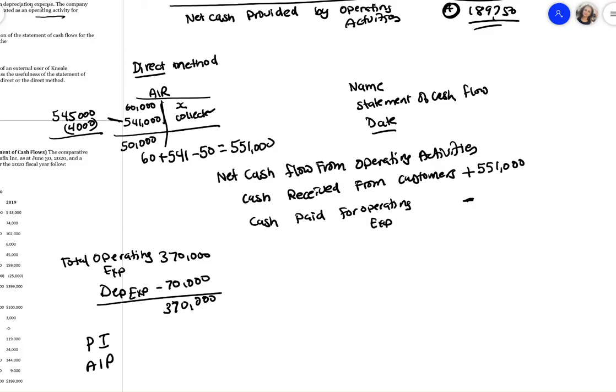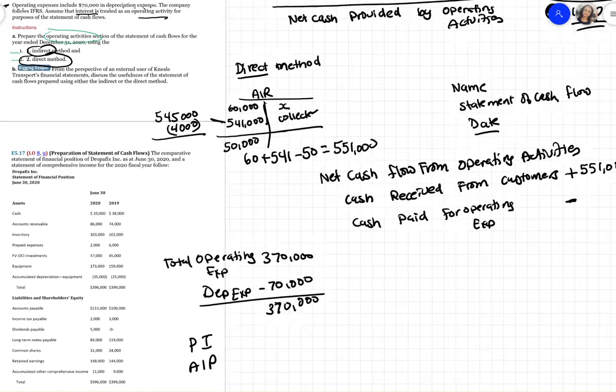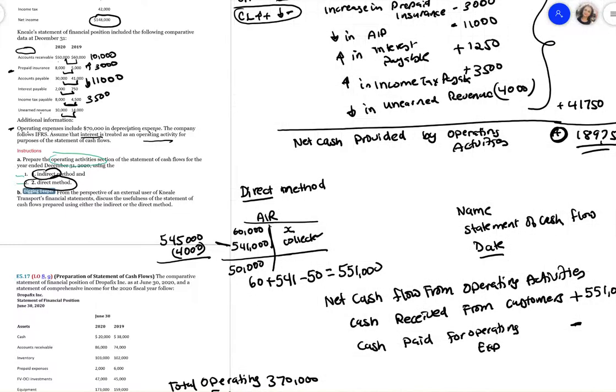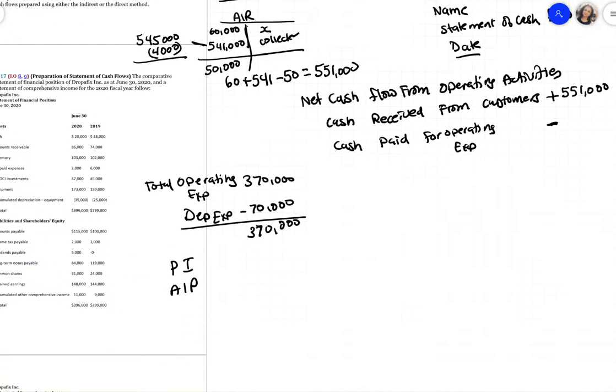So we need to make an adjustment for our prepaid insurance. We want to know, did we buy some prepaid insurance? If you bought it, that also is cash. So this one was my cash operating expenses.